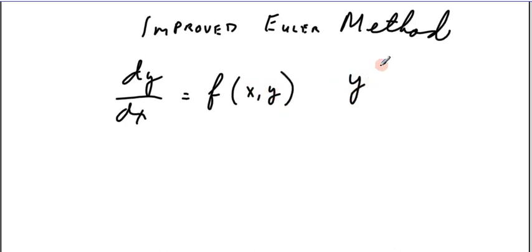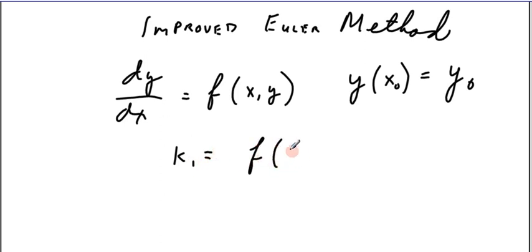We have an initial position, so we know where we're starting from. And then we're going to calculate a k1, which is going to be the function at x sub n, y sub n. So as we step up, this is going to be 0, 0, and then it's going to be x1, y1, and then x2, y2 as we do these things.